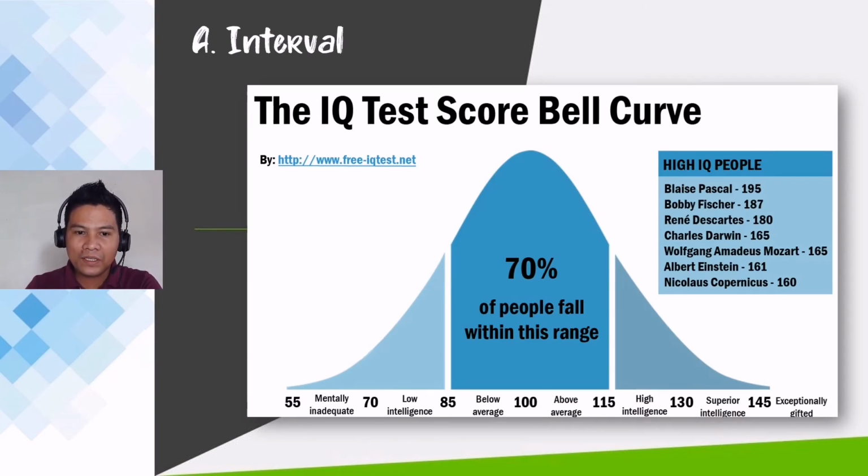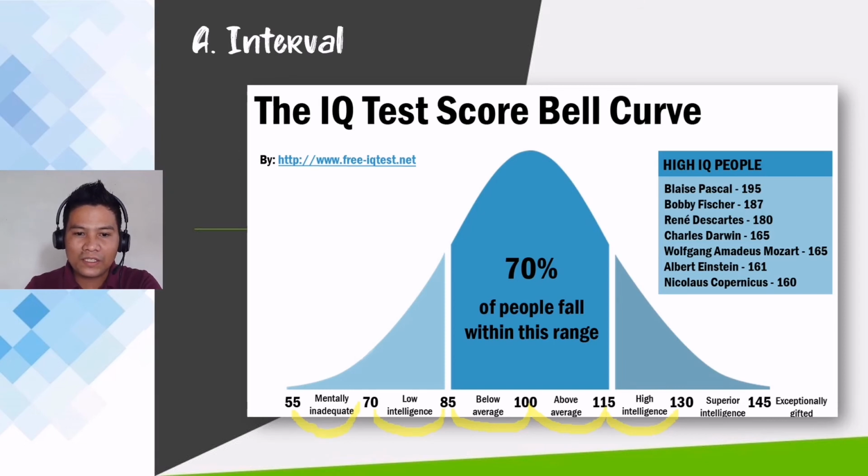If you notice, 55 to 70 mentally inadequate, 70 to 85 low intelligence, 85 to 100 below average, 100 to 115 above average, 115 to 130 high intelligence, and more.